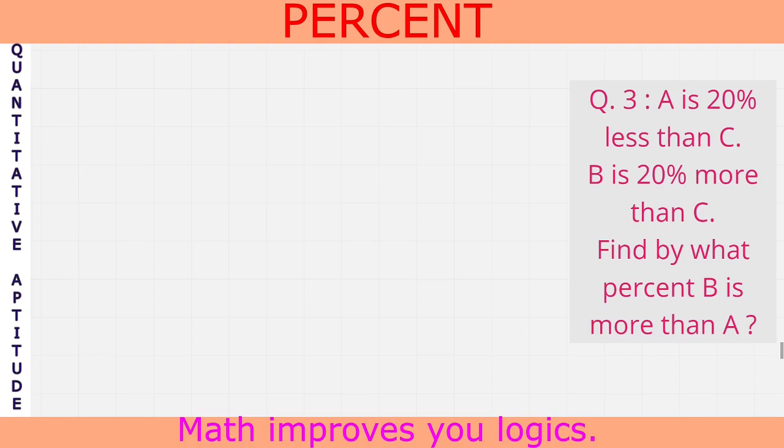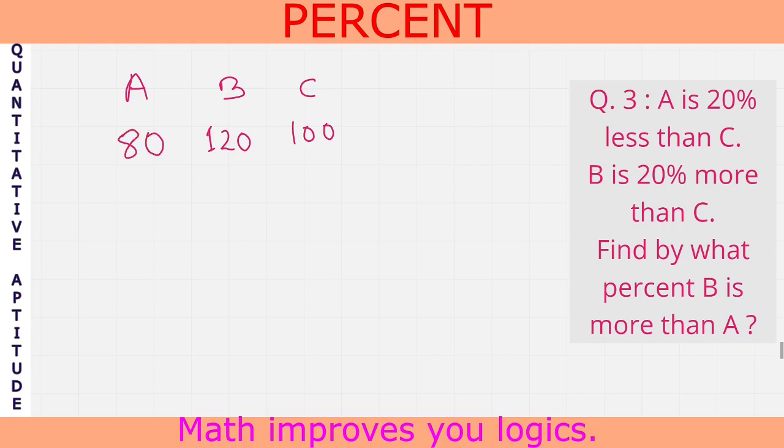So we solve like this: A, B and C. We assume C equal to 100 as both are compared with C, and B is 20% more than C. 20% of 100 is 20 and 100 plus 20 is 120, so B is 120. A is 20% less than C. 20% of 100 is 20 and 100 minus 20 is 80, so A is 80.